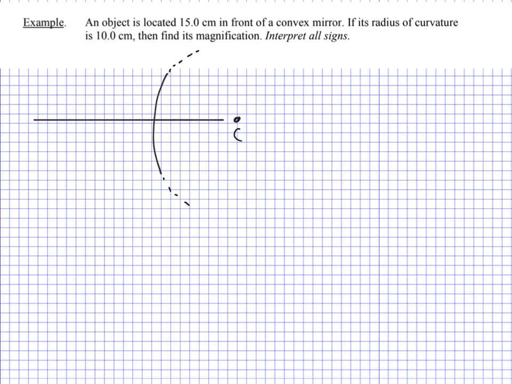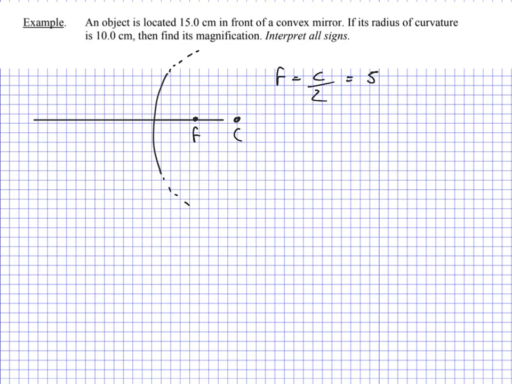So let's call this C here. And we know from our ray diagrams, when we introduced this and derived our equations, the focal point is actually halfway. So the focal point is the radius of curvature divided by 2. So this tells us our focal distance.